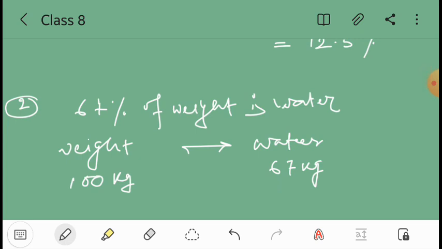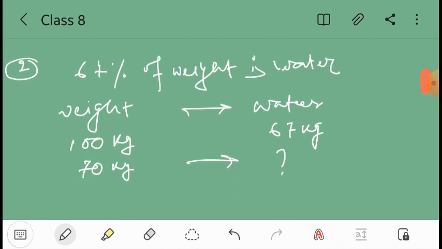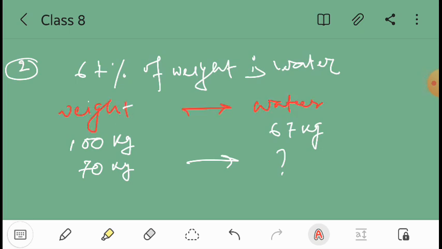So if your weight is 70 kg, then how much water you will have, that you need to find out. Okay, so we can put here the unitary method, right?